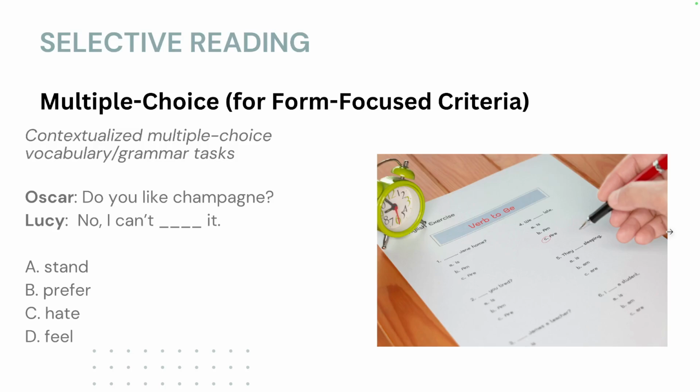Maybe the content is more authentic, but a multiple choice item is still not authentic because we don't do multiple choice tests in the real world. So the best that we can do is add a little authenticity by making it contextualized, like in this example.